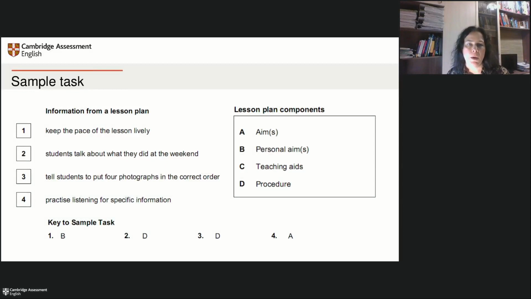What you need to understand about matching tasks. I think we call it multiple matching, if I'm not mistaken. One of the things, for example, information from a lesson plan, might be many, like 8 up to 10, but the box with the lesson plan components will contain only 4, for example, or 3 things, and you will have to use one and the same answer several times.